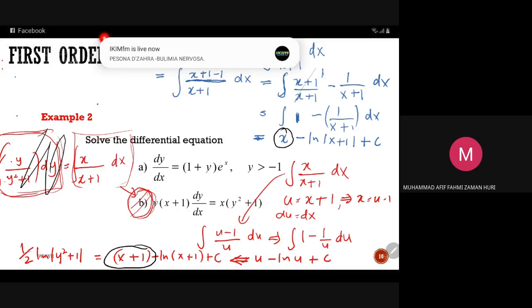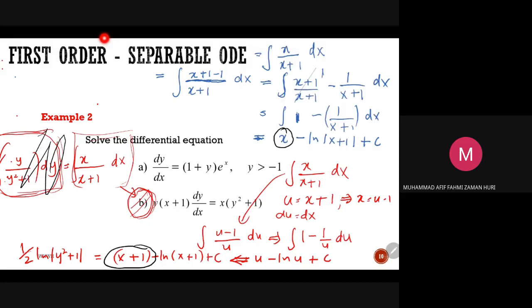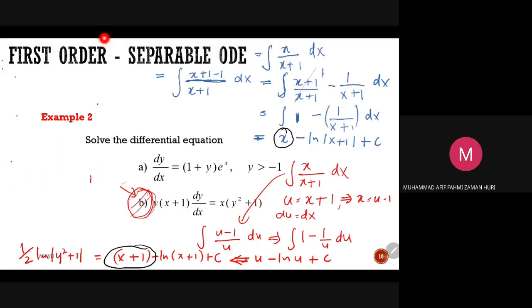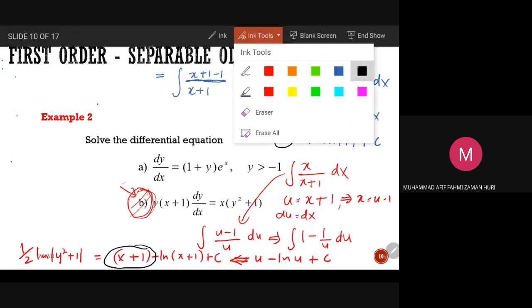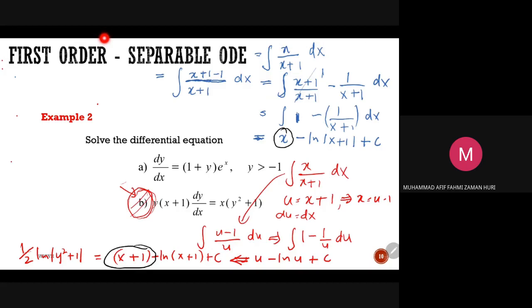Okay, warna hitam. Both answers are correct sebabnya yang ni X plus 1 ni kan is actually a constant.